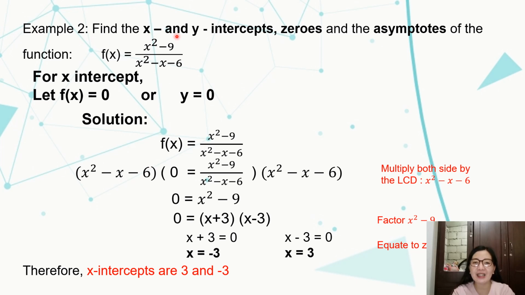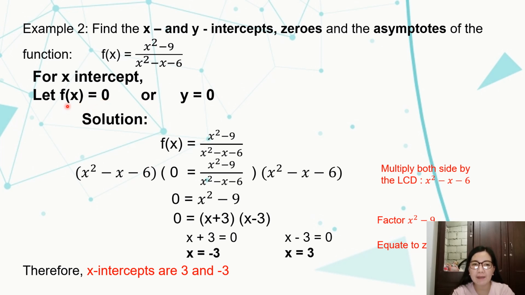Find the x and y-intercepts, zeros, and the asymptotes of the function f of x equals x squared minus 9 over x squared minus x minus 6. So to solve for x-intercept, just let f of x equals 0 or y equals 0.